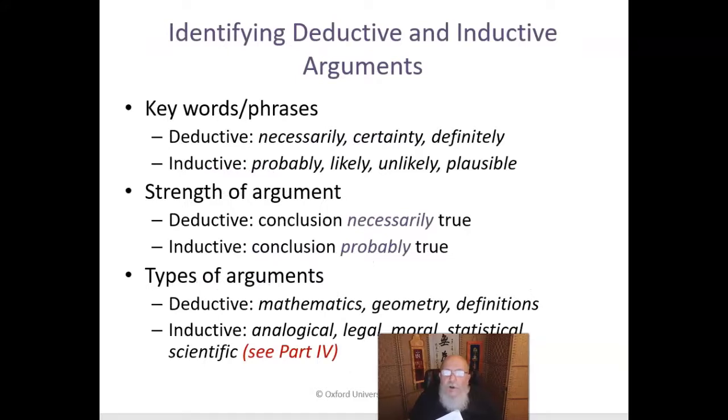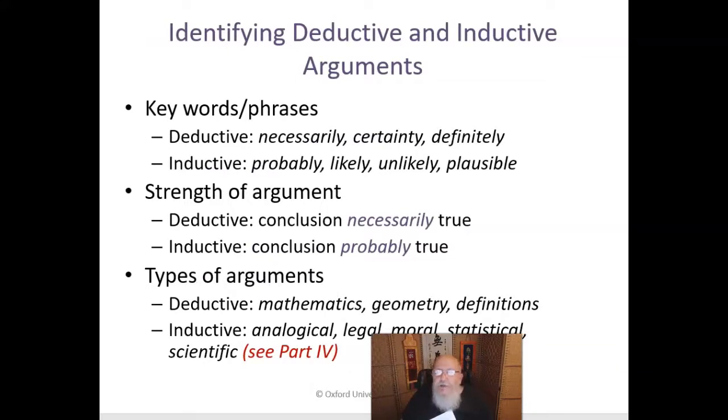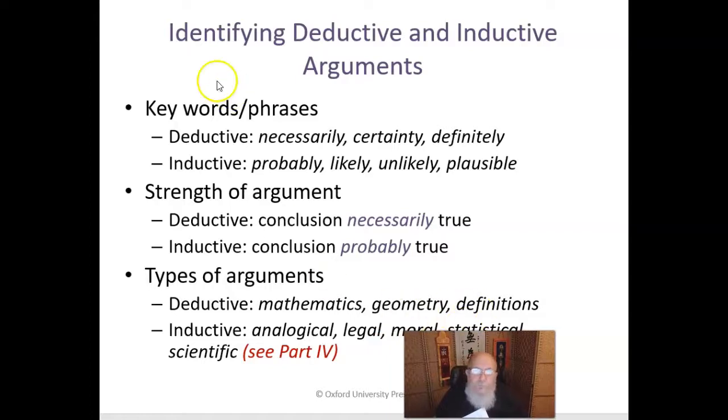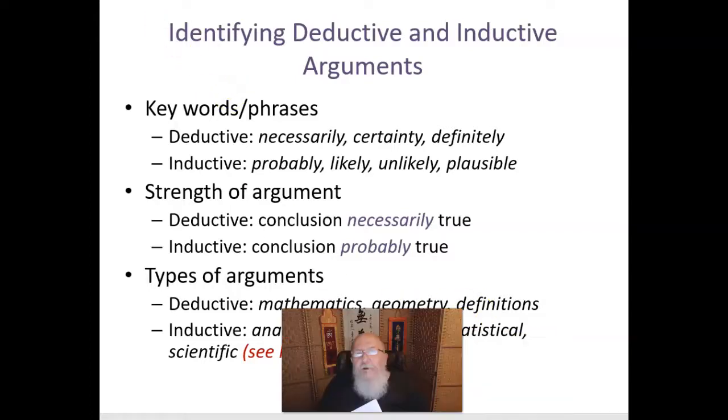So, if we're identifying deductive and inductive arguments, there are certain keywords or phrases we can consider. In a deductive argument, it'll be necessarily true, certainly true, definitely true, but in an inductive one, it'll be probably true, likely true, unlikely to be true, plausible, and so forth.